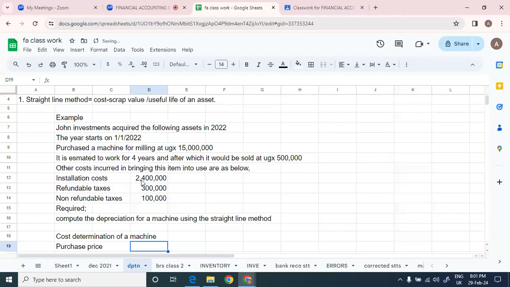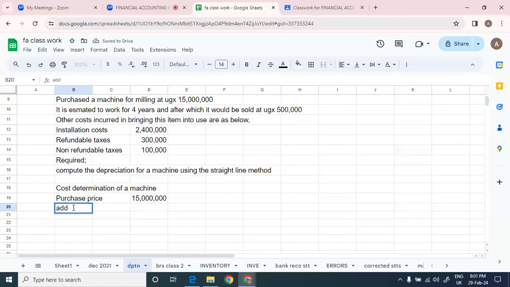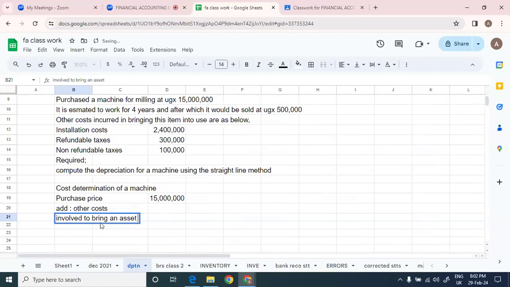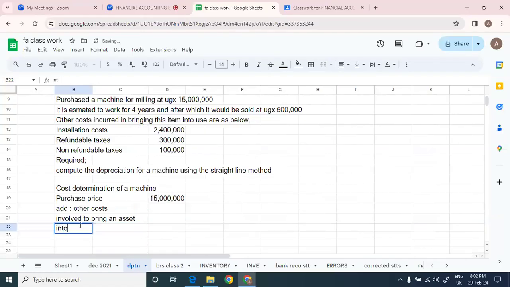So we come here, we put our 15 million. We add other costs involved to bring an asset into use.